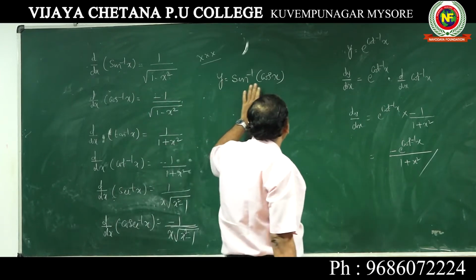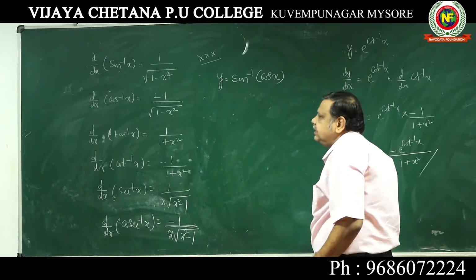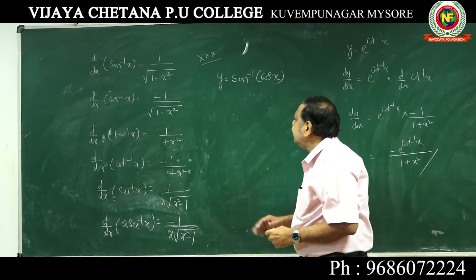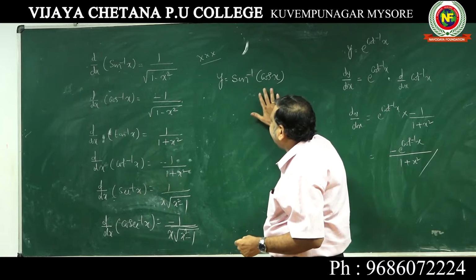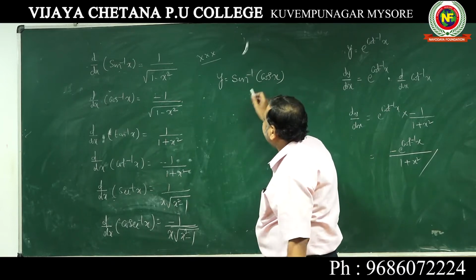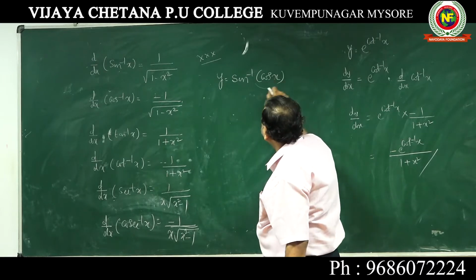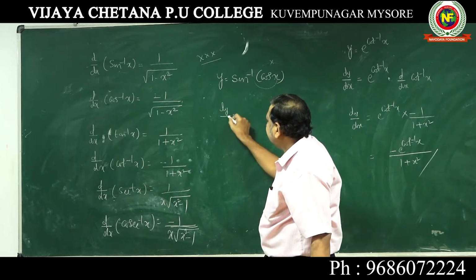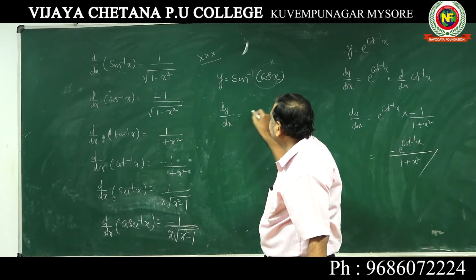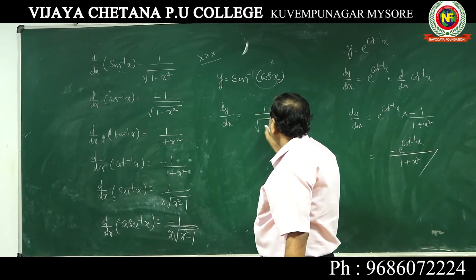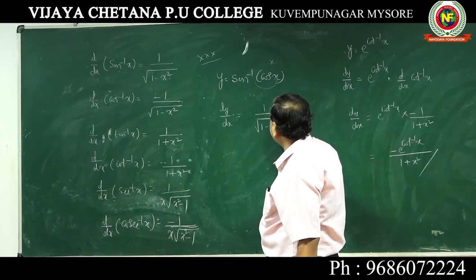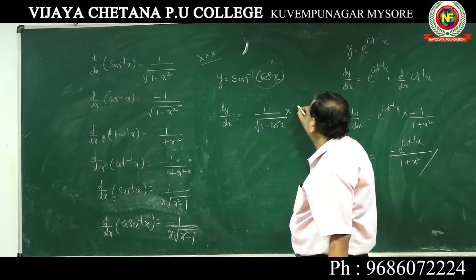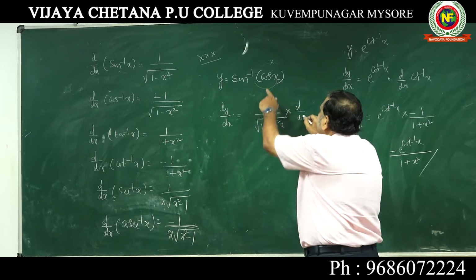Here is a very important problem. This can be done in two ways. Both the ways I will show, but the second way you adopt. Here when you differentiate, this is x actually. So dy by dx is equal to 1 over root of 1 minus x square. Instead of x square, it is cos square x into d by dx of this cos x.